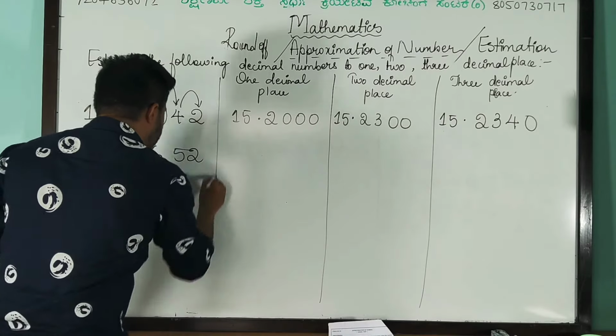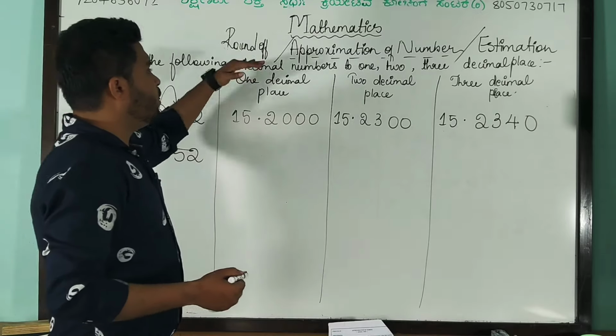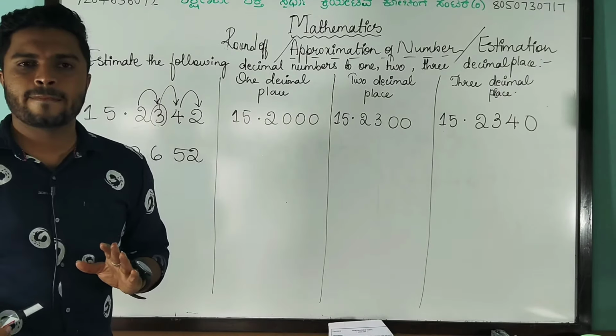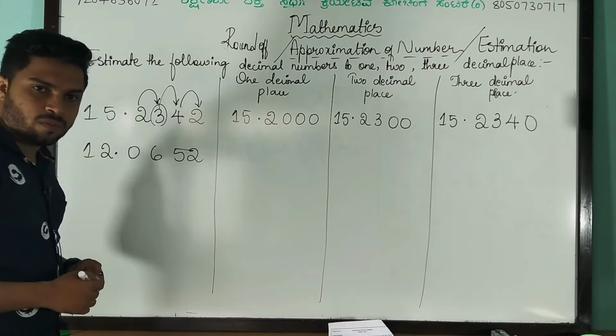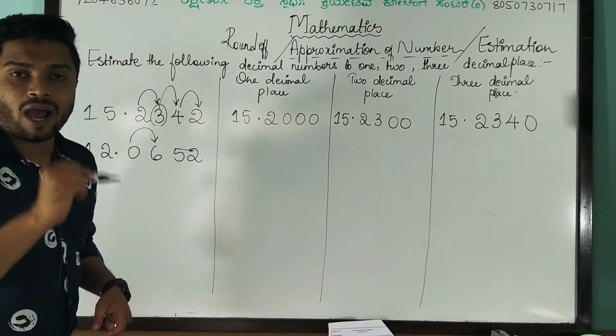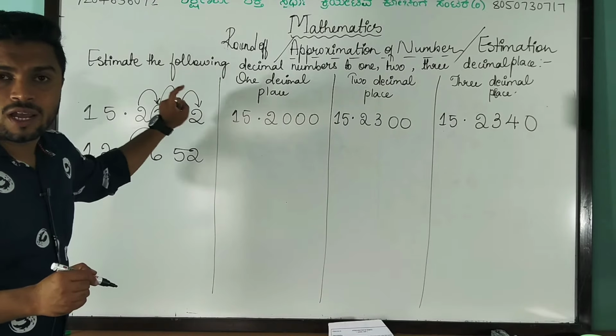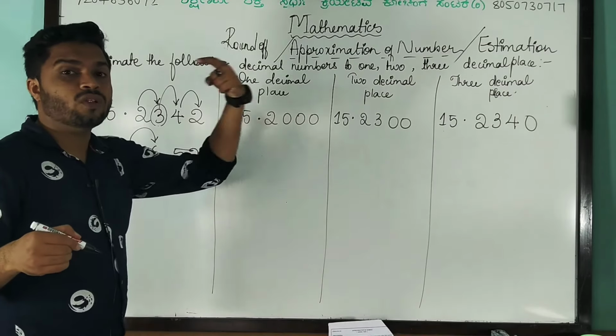12.0652. Check it out, students. The first heading was like what? 1 decimal place, which is the first decimal place, this 0. You are going to check the number beside 0. What do you have? You have 6. What is 6 now? If you get 6, it is more than 5.